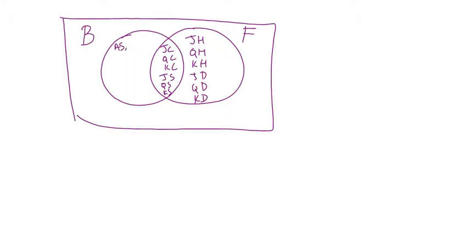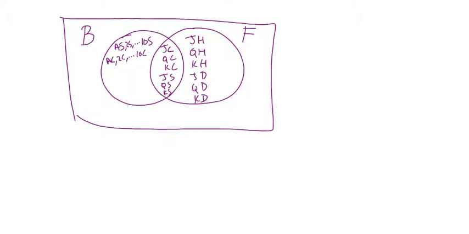Yeah, so you got the ace of spades, 2 of spades, all the way up to the 10 of spades. And the jack, queen, and king of spades. And we also have the ace of clubs, the 2 of clubs, all the way up to the 10 of clubs. So I have represented all of the black cards inside the black circle, all of the face cards inside the F circle, but there's an overlap, because there are black face cards.